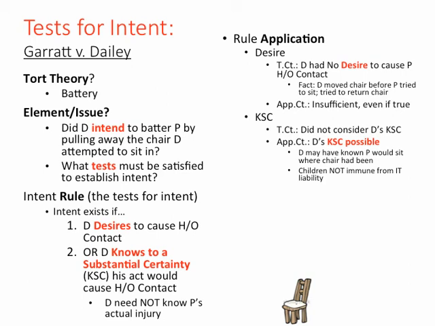Unfortunately, the trial court never considered whether Brian knew to a substantial certainty that when he moved the chair that the plaintiff might attempt to sit down and she might fall. So the appellate court said that this was actually fatal to the trial court's decision.